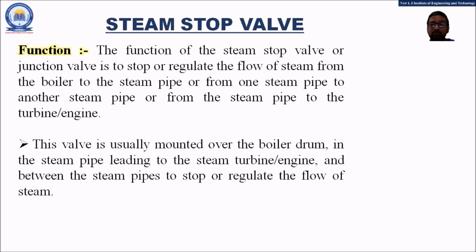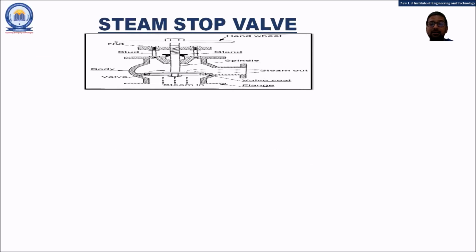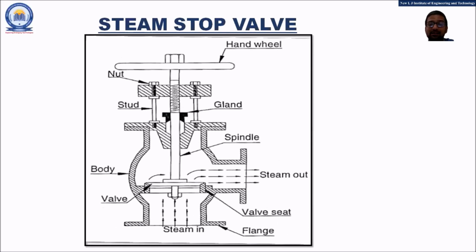Function is very easy to understand. Also, the construction and working of the steam stop valve or the junction valve is easy to understand. So let us now understand the steam stop valve, its construction as well as the working.